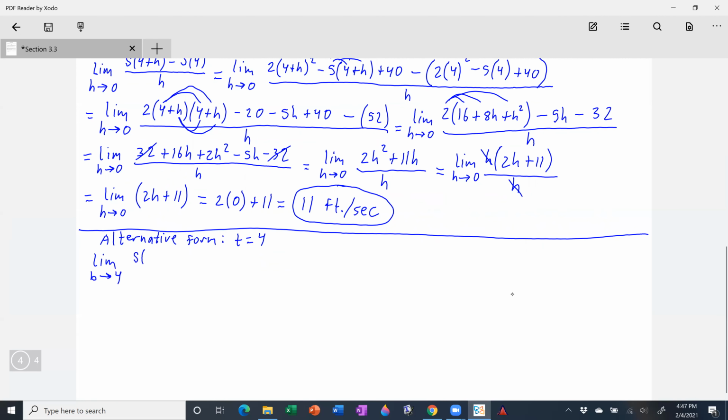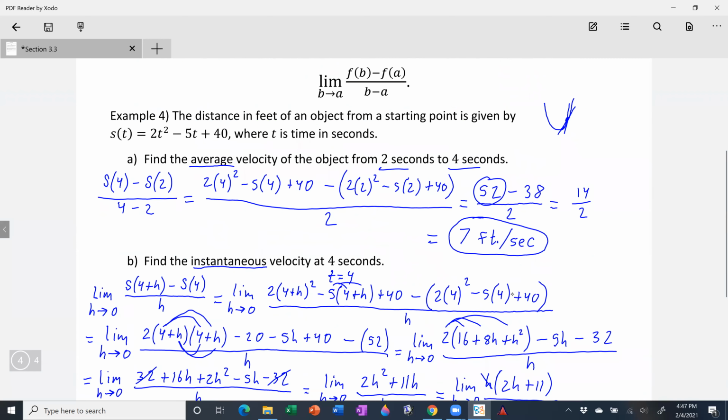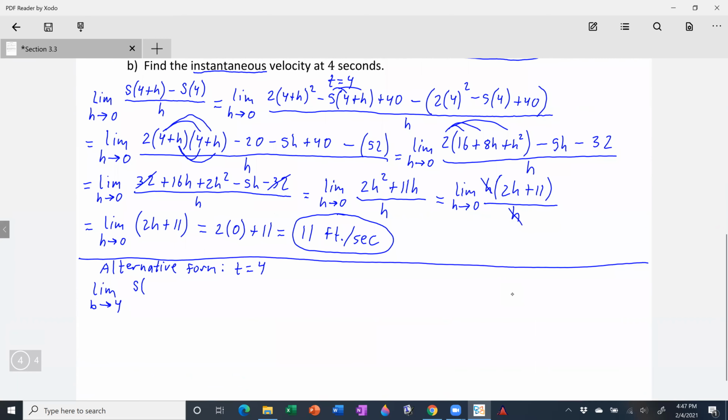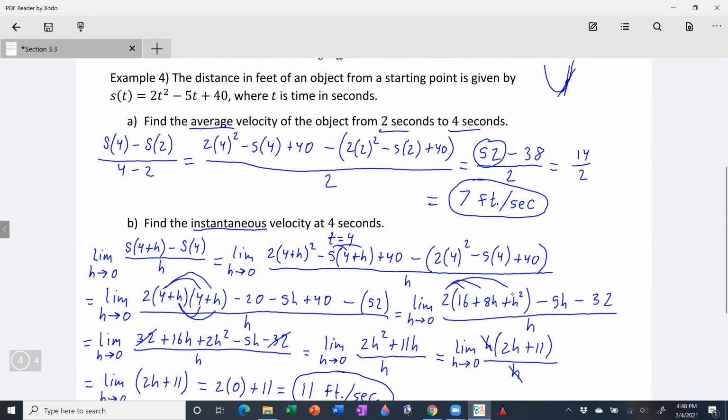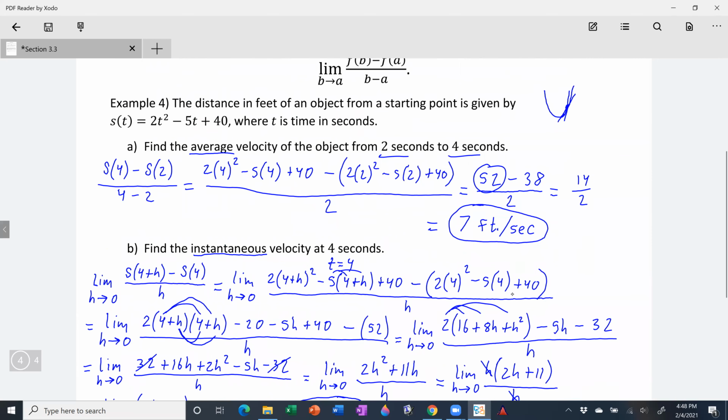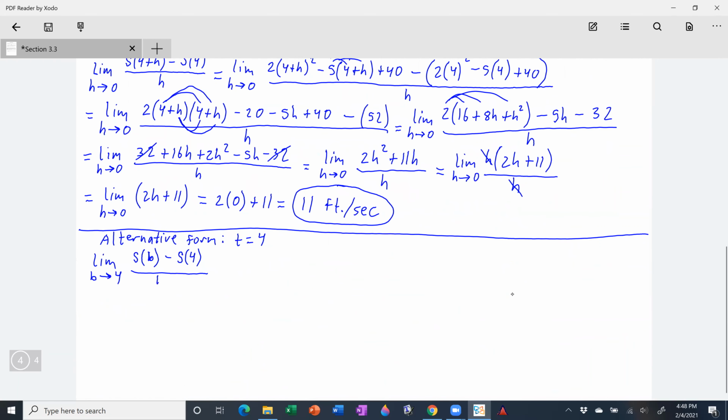So s of b, and so just the b goes in, s of b minus s of 4 divided by b minus a, so b minus 4.